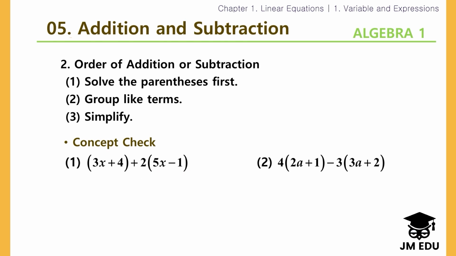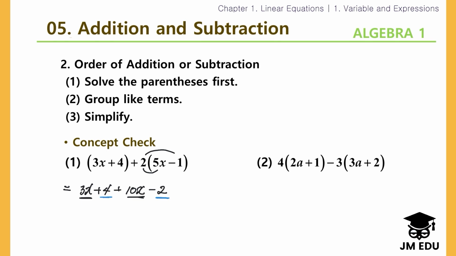The first thing we have to do is remove, or solve, the parentheses. So that's going to be 3x plus 4 plus 2 times 5x, that's 10x, plus 2 times minus 1, that's minus 2.